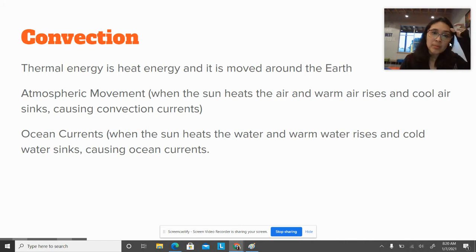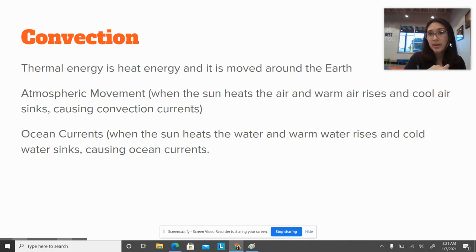So atmospheric movement is when the sun heats the air and the warm air rises and the cool air sinks, and that causes convection currents. So what that means is that the sun heats up the earth. The air that gets warm rises. Once it rises, it gets colder, so it then moves back down, and then it cools.